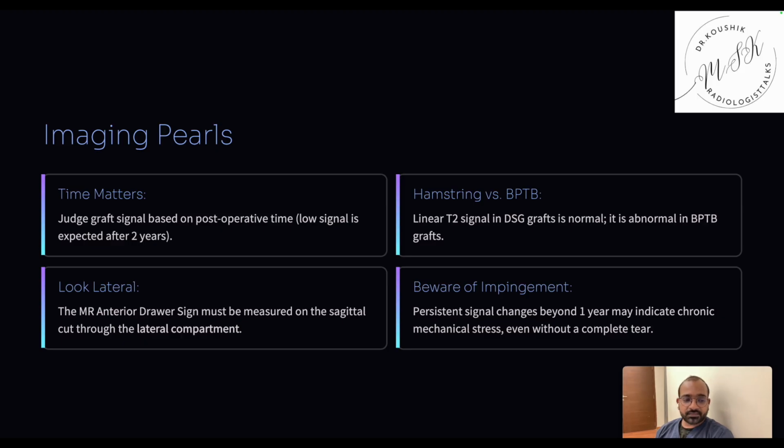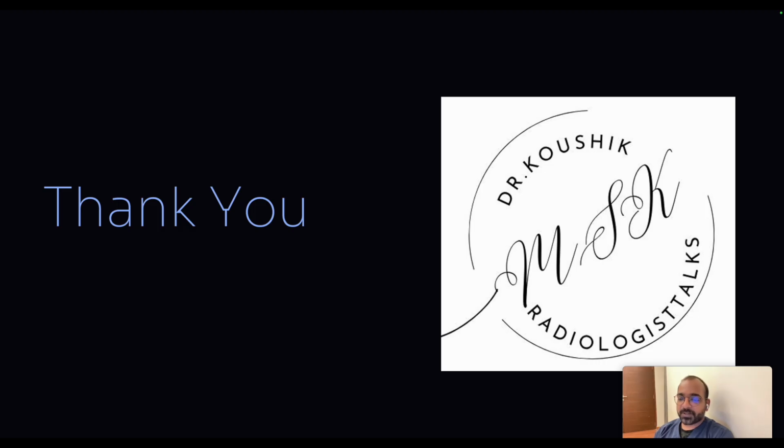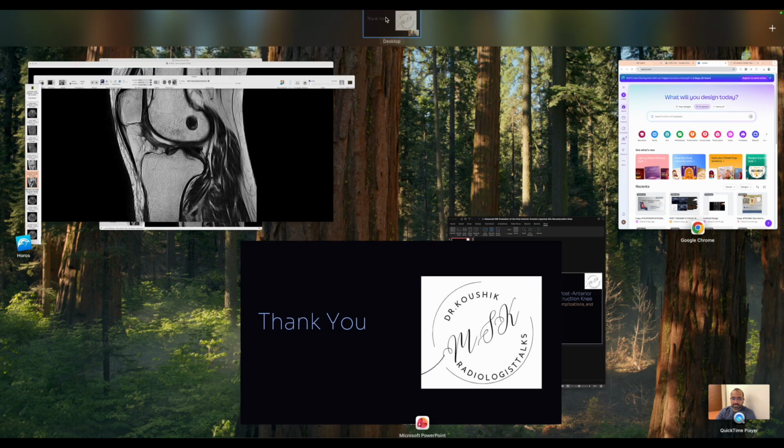So look laterally, and look for an MR anterior drawer sign. And beware of impingement, as persistent signal changes beyond 1 year may indicate chronic mechanical stress, even without a complete tear. These are the things we need to remember in post ACL reconstruction MRI.